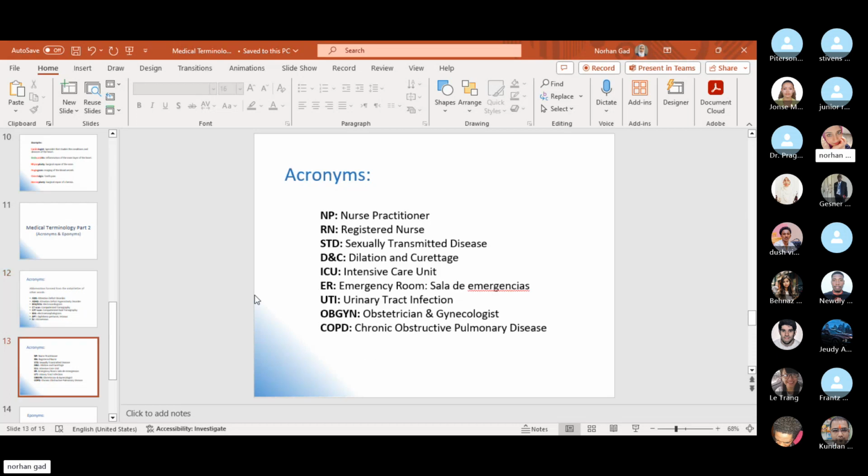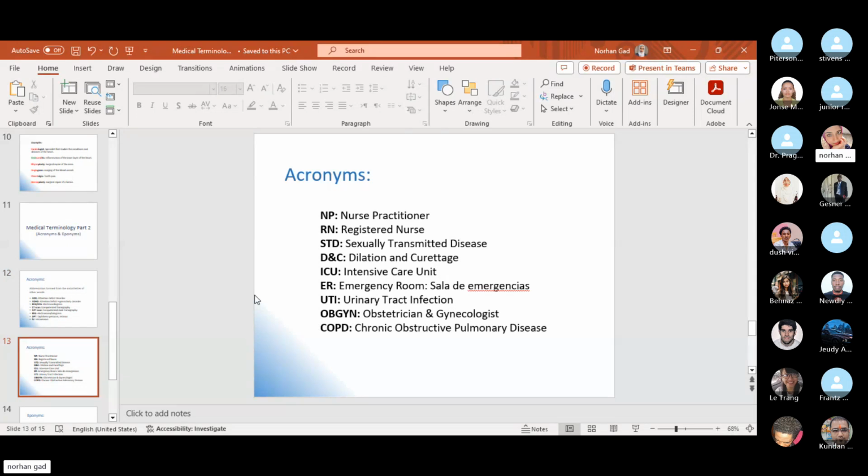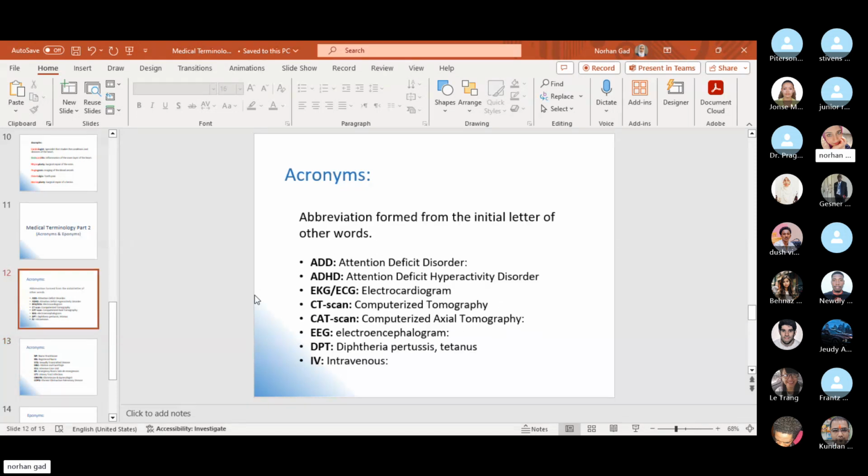I don't think that there is anything new here that you can add to the sheet that I sent you. But if there is anything new here, please add it to the sheet. I guess it's all included, just in case.